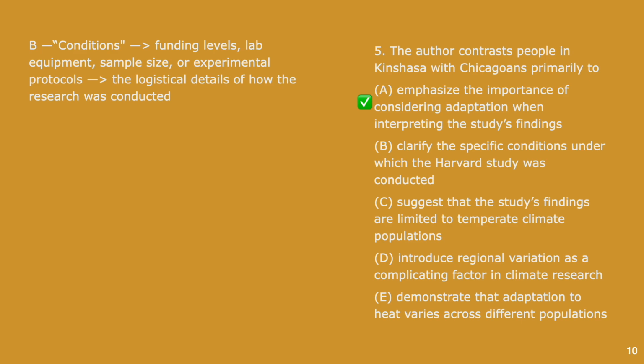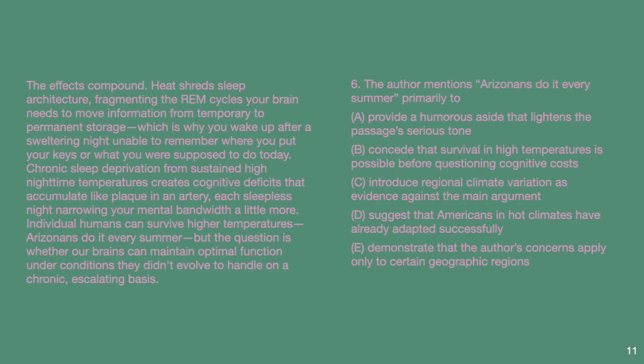That's not what the contrast is doing. Choice C is wrong because the distinction isn't between cold and hot climates. The difference is that people in Chicago were hit with unprecedented heat spikes that their bodies weren't prepared for, not that they come from a cooler climate.